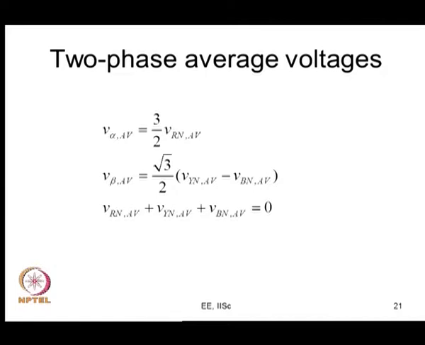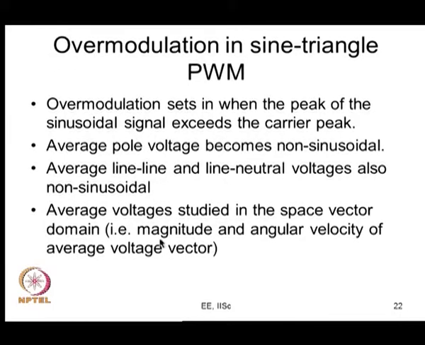We will start referring to them as 2 phase voltages. We have used this term before also, but not in a number of lectures in between. Whenever we use the term, what we mean is the 2 orthogonal components of the average voltage vector along the alpha axis and the beta axis. Alright, so these are 2 phase average voltages.